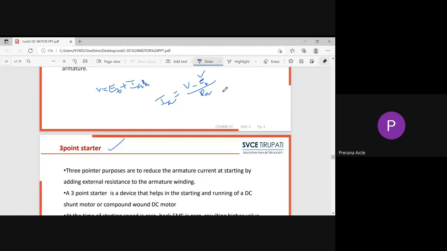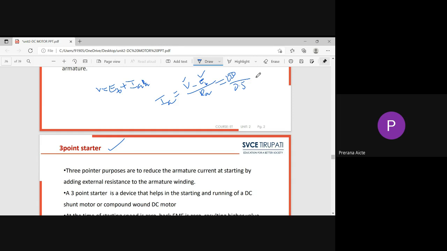There is no back EMF developed in either a DC series motor or a shunt motor, whatever motor we use. The back EMF developed in that motor is EB equal to 0. Then if we give the supply voltage directly, the 220 volts rated voltage, with armature resistance for example taken as 0.5 ohm, the current is 220 by 0.5 ohm.